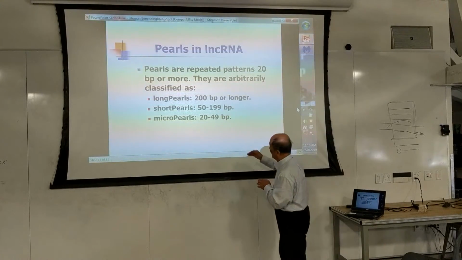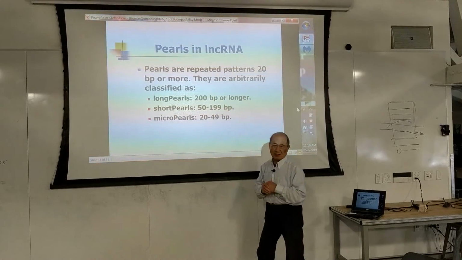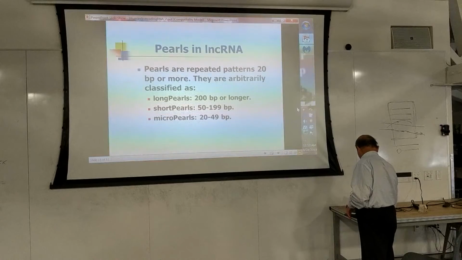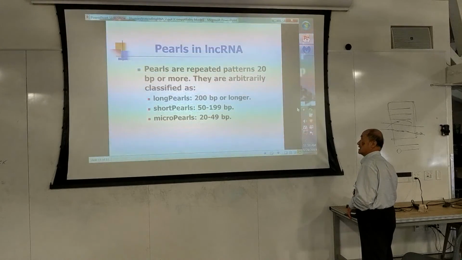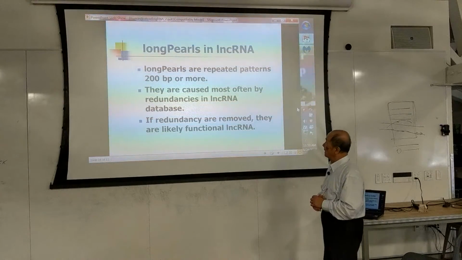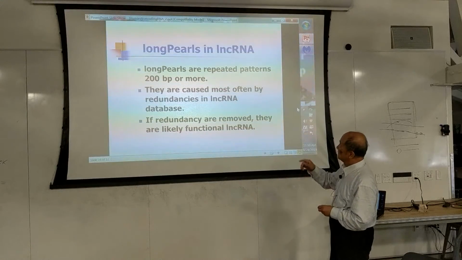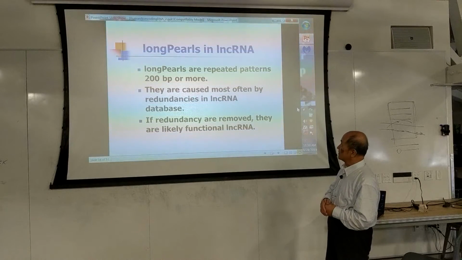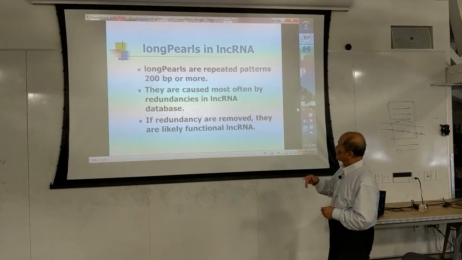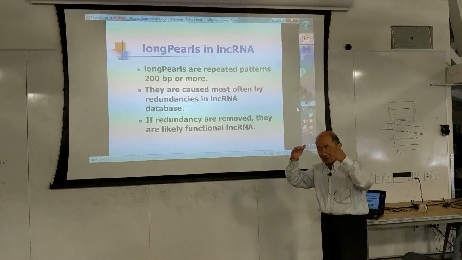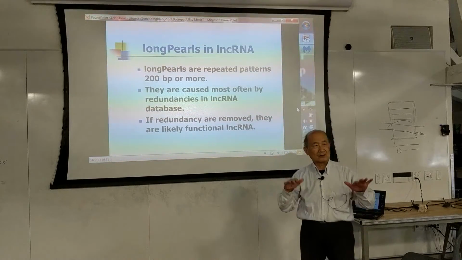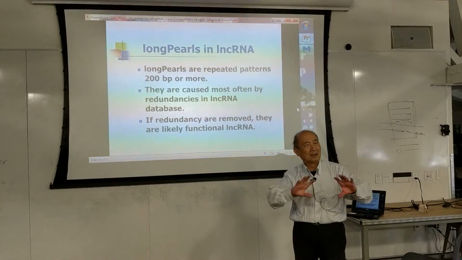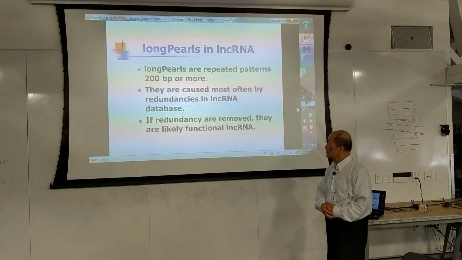So I can try to classify them and understand them in that way. Long pairs are repeated patterns, 200 base pairs or more. If you look at the data after the search, there are lots of very long pairs, and they can be thousands of base pairs long.